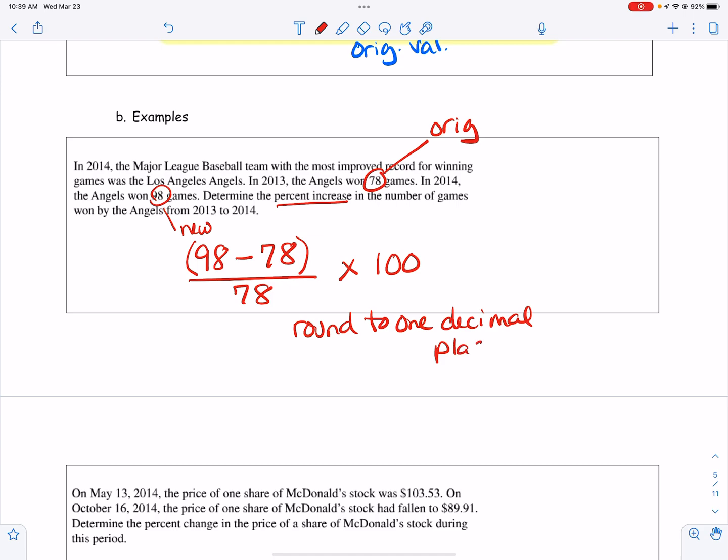So as I do this, when I take 98 minus 78, I'm going to get 20, and then I'm going to take 20 divided by 78, and then multiply it by 100. And that will give me 25.6% increase, okay?